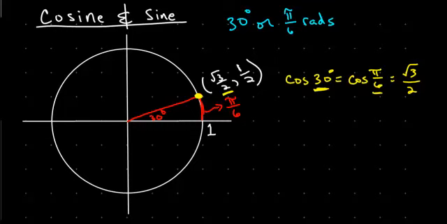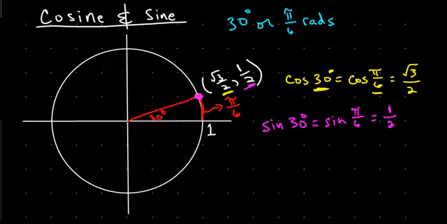For the sine, we have the sine of 30 degrees equals the sine of pi over 6 radians. So again, we go to this point, and for the sine, we look at the y-coordinate, 1/2. Okay.